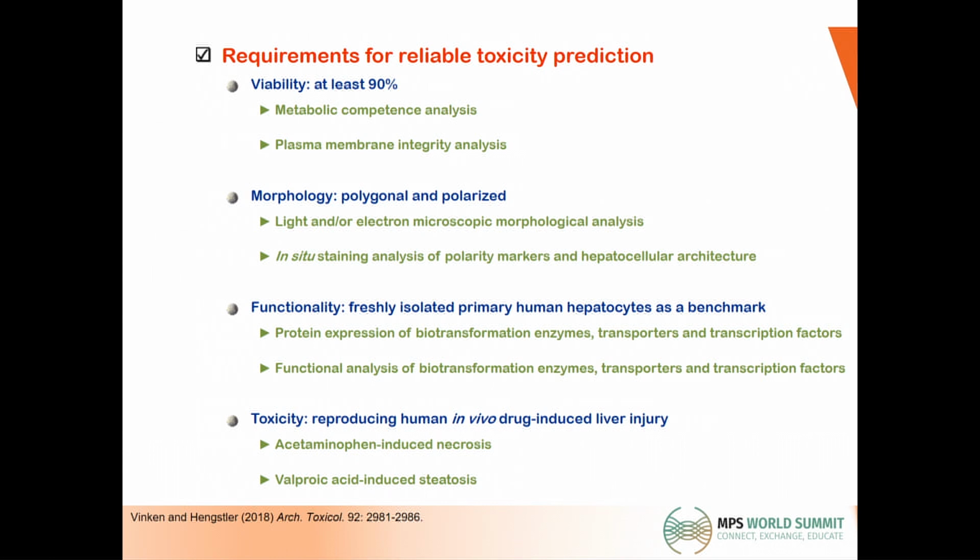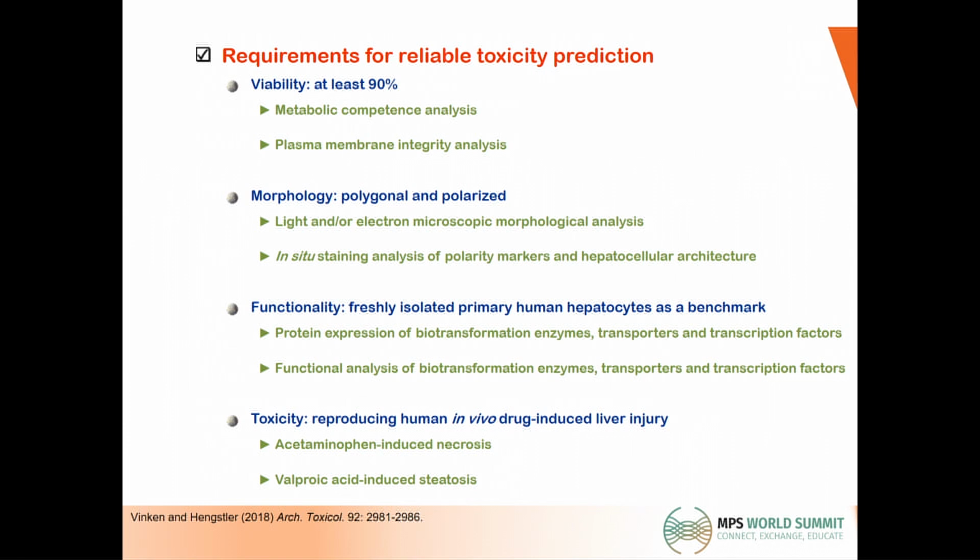So for developers of new liver MPS, that would be functionality. And actually, from my experience with the submissions that we evaluate, we see 2 main problems here. The first one relates to the benchmark, the reference that is being used by liver MPS developers. Very frequently, we see that people like to compare their system to a liver cancer cell line like HepG2.